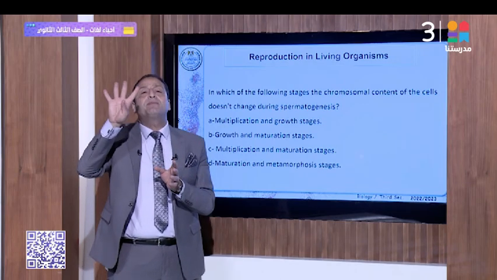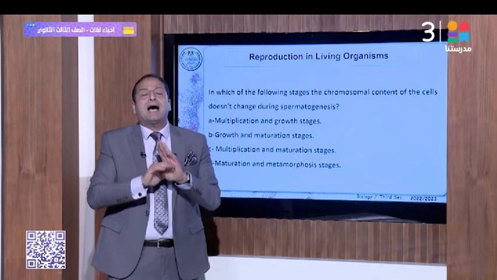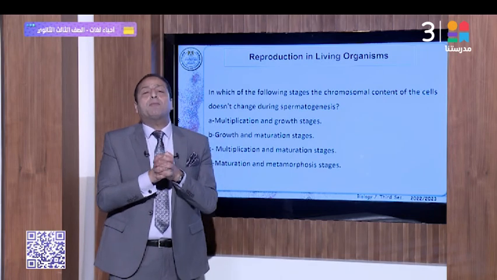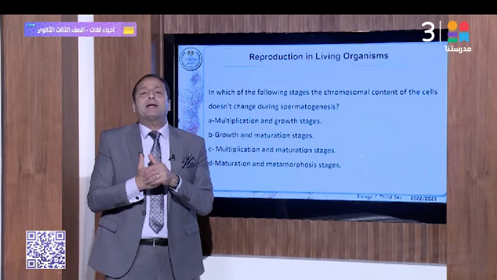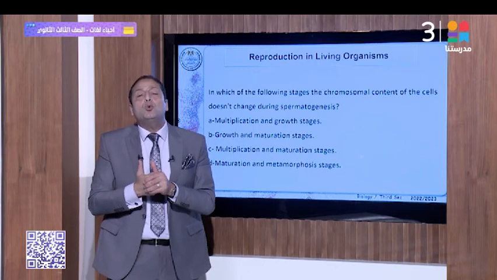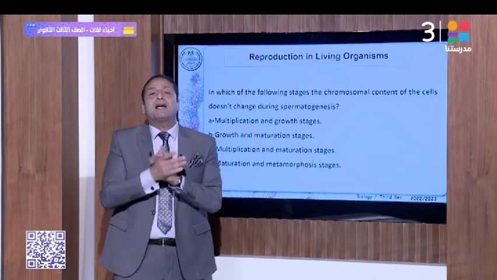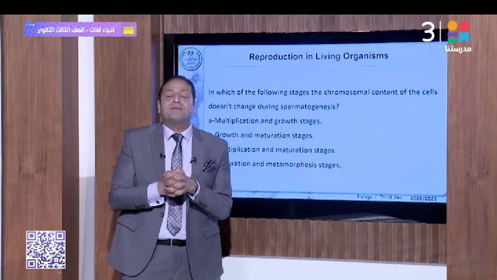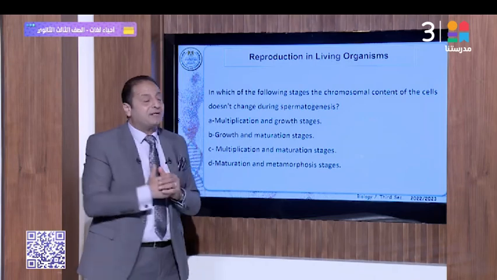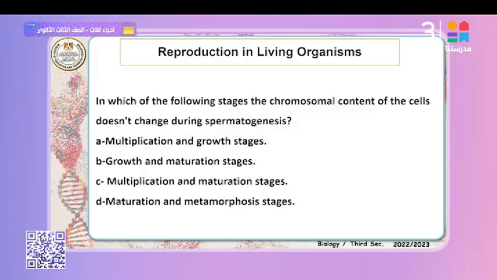Finally, 4 spermatids are produced. The last stage is called metamorphosis, transforming the spermatid into the sperm, which has the ability to penetrate and fertilize the ovum, containing hydrolase enzymes. So the best answer is A, multiplication and growth stage.